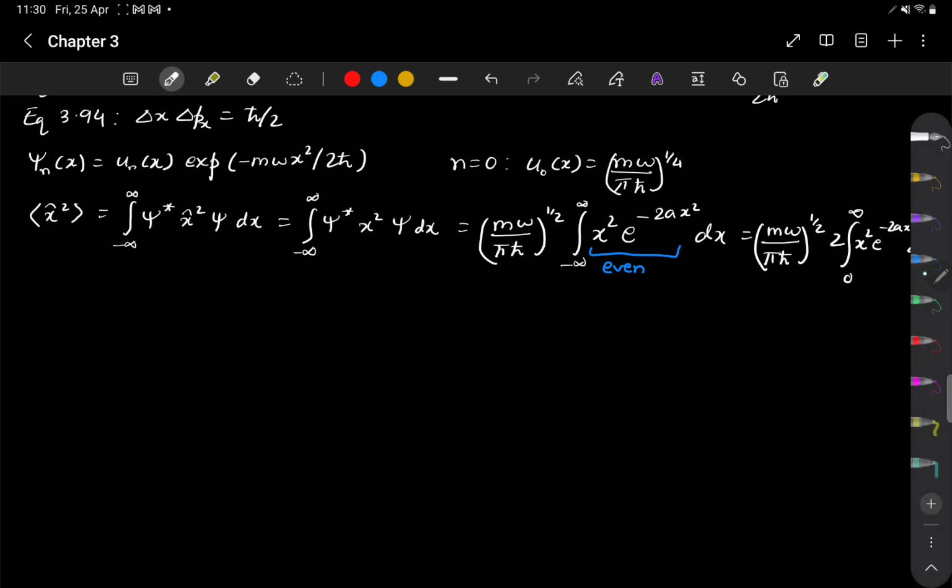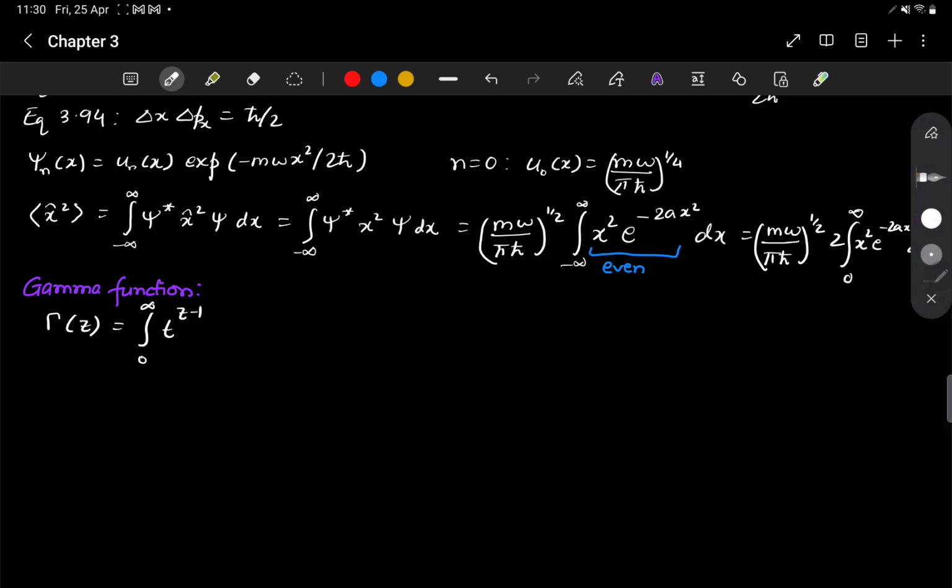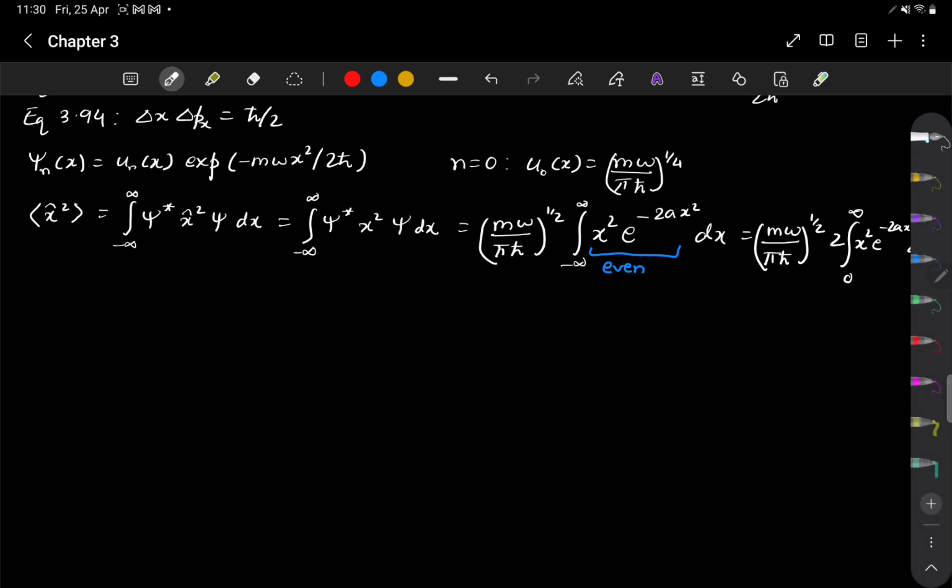And this, if you recall, is of the form of what is known as the gamma function, which is given as follows. Okay, before that, let me make another substitution.